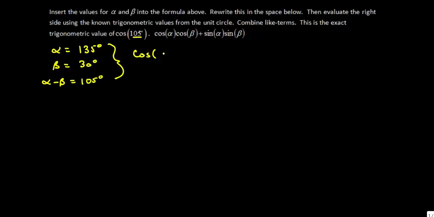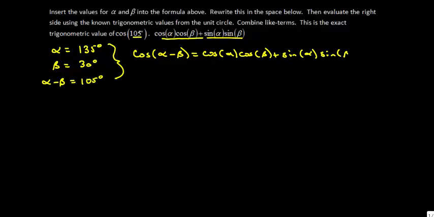The cosine of one angle minus another is equal to this guy up here, which is the cosine of alpha, the first angle, times the cosine of the second angle plus the sine of the first angle times the sine of the second angle. So let's go ahead and plug the values in for alpha and beta.